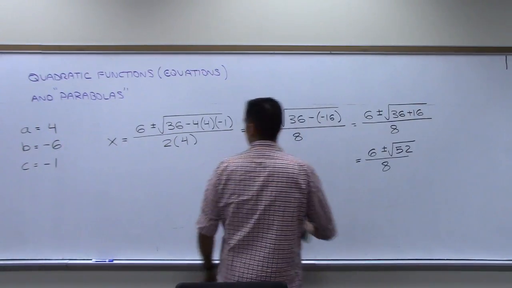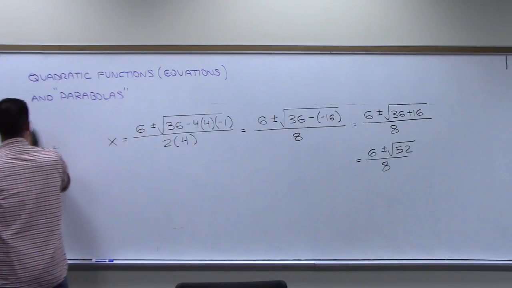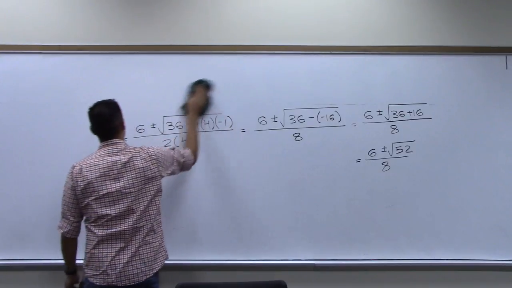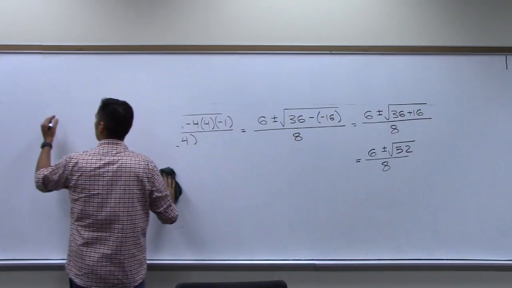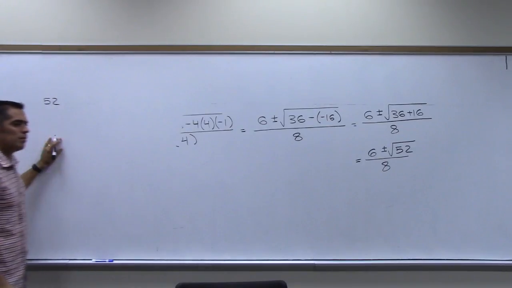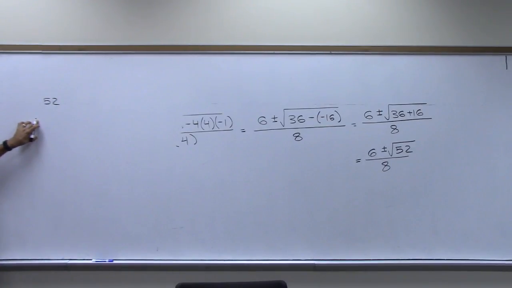To see if I can break down 52, I start to try and divide it by perfect squares. Remember that? So does 52 break down? How can you rewrite it? Do any perfect squares go into it?